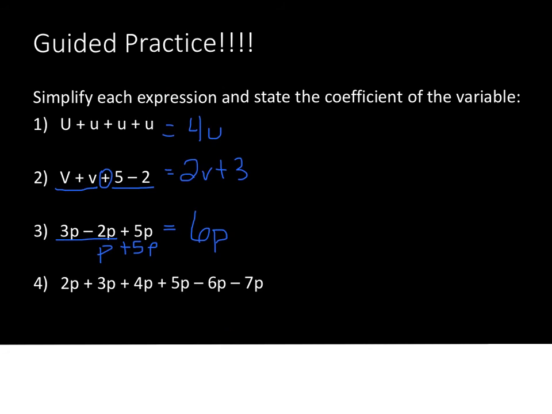Alright, and last but not least, number 4. I have 2p plus 3p plus 4p plus 5p minus 6p minus 7p. So I'm just going to go ahead and start from the left and work my way right. So I have 2p plus 3p, which is 5p, plus 4p, which is 9p, plus 5p, so 9p plus 5p, that's 14p. 14p minus 6p.